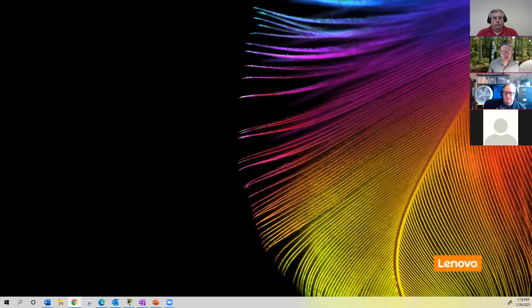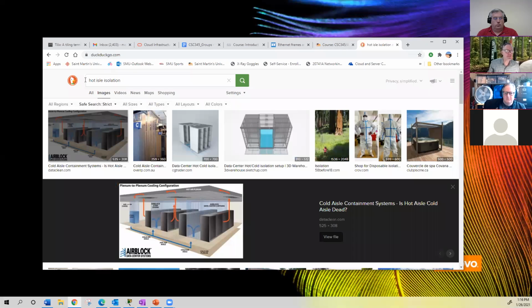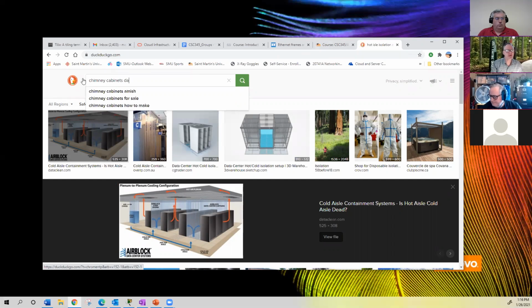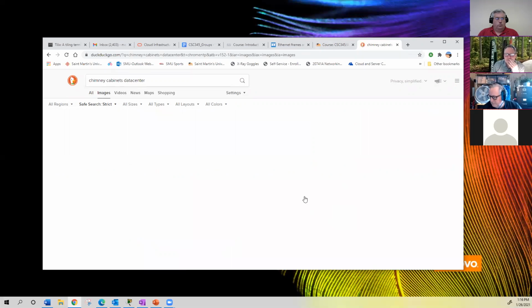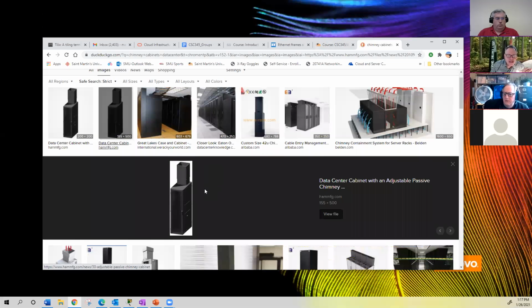Other pictures that you can have, okay, there are other cabinets where, instead of the air being blown out the back, it's contained within the server cabinet and then funneled up through what's called a chimney.